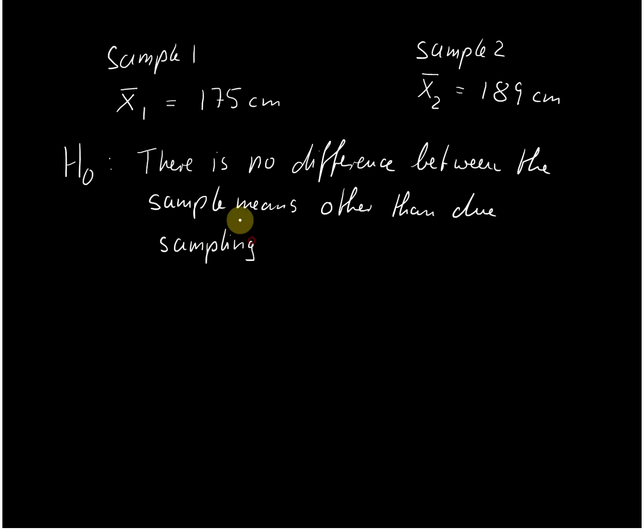So the only difference between these two sample means is the sampling error. And we can write this mathematically. We can say x bar 1 is the same as x bar 2. Of course, they are not identical here, but any differences between these two are just the sample error.